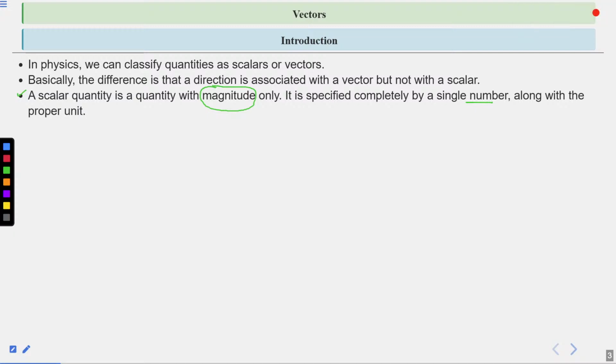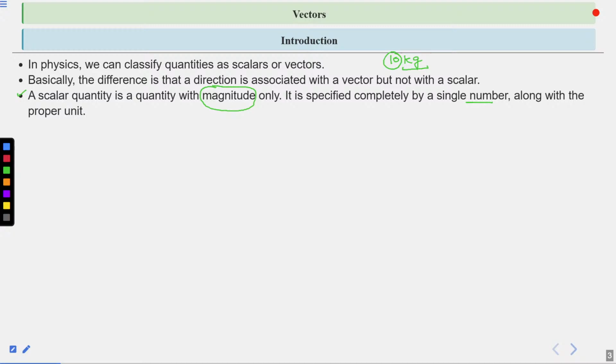It means, suppose we have sugar, we can say 10 kg sugar. So the magnitude is 10 only, just a single number, along with its proper unit. And what is the unit? The kg. So this is a scalar quantity.